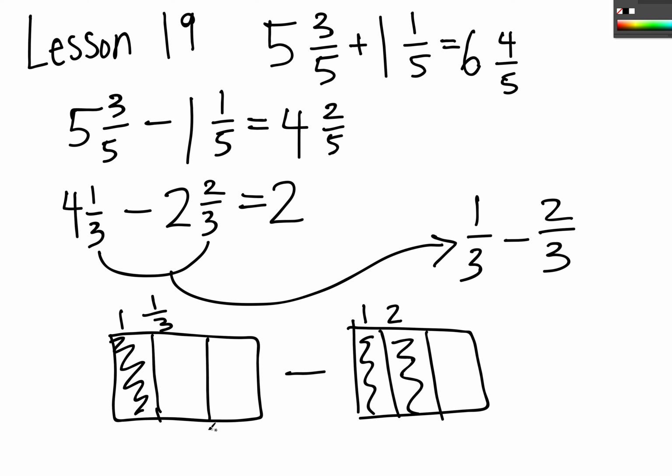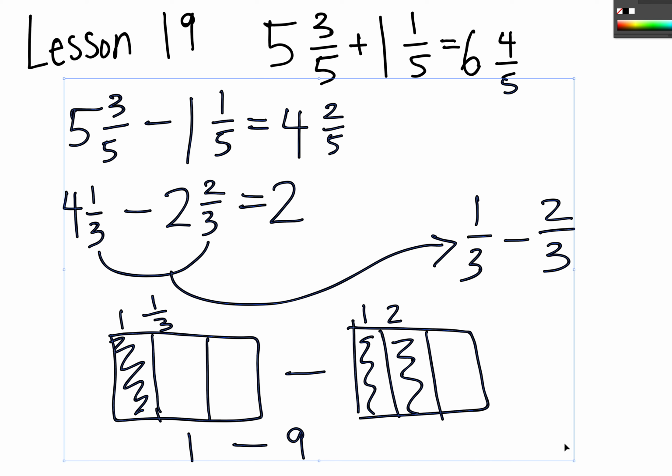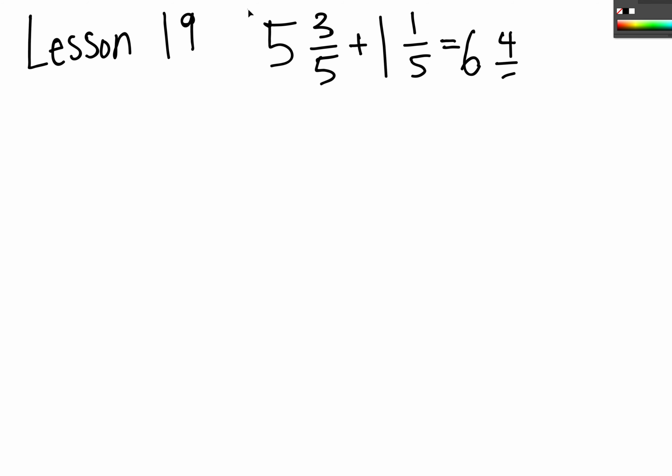That's kind of like saying I have 1 and I'm going to subtract 9. Can we do that? No, we cannot. So we're going to figure out how to get that done, how we're going to make that happen. So let me do a little magic here as we go back through this problem and we figure out how to solve problems like this.